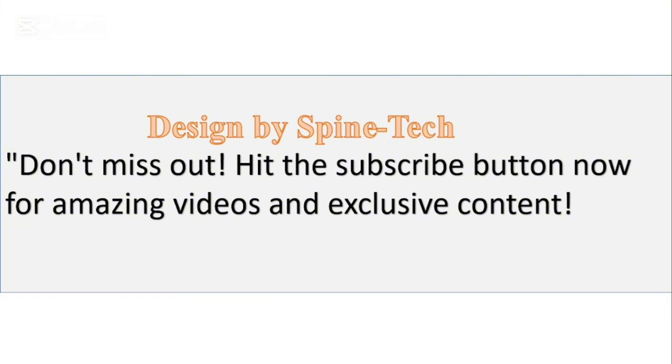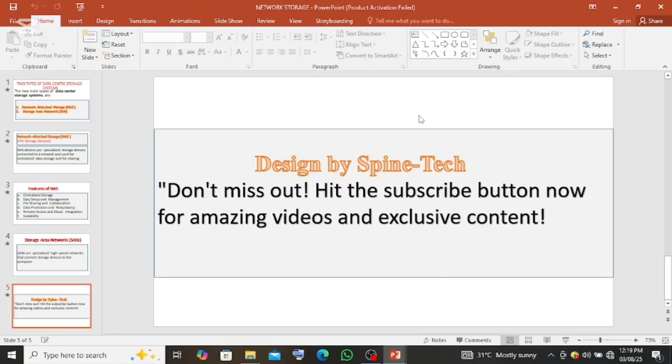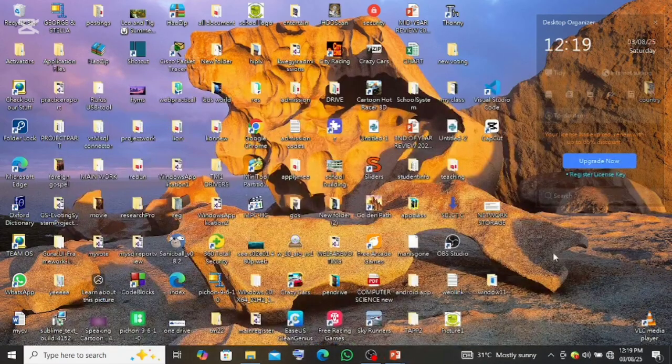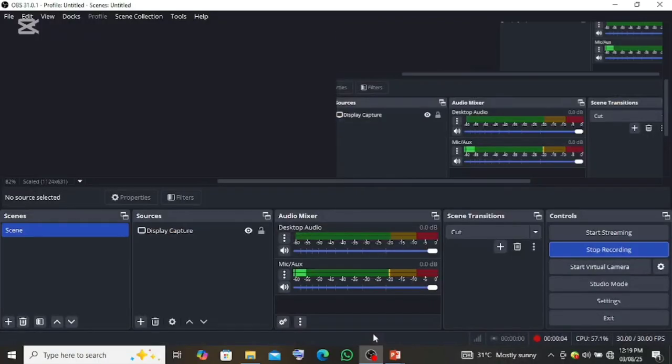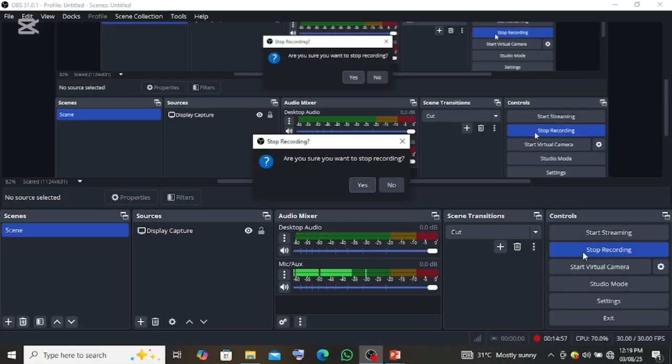So these two types of network storage: the first one is NAS, that is the network attached storage or file storage devices. And the second one is the storage area network, that is SAN.